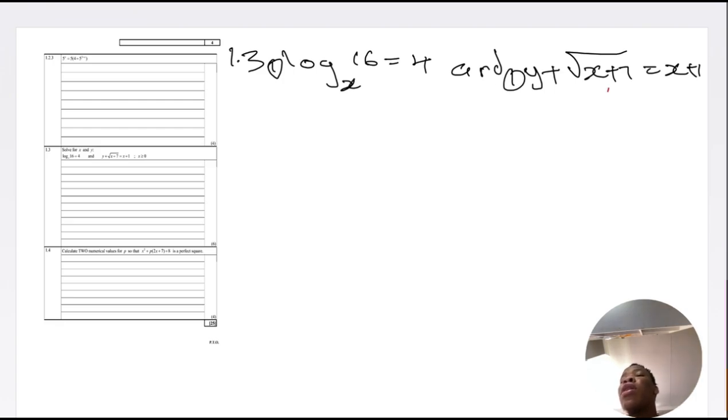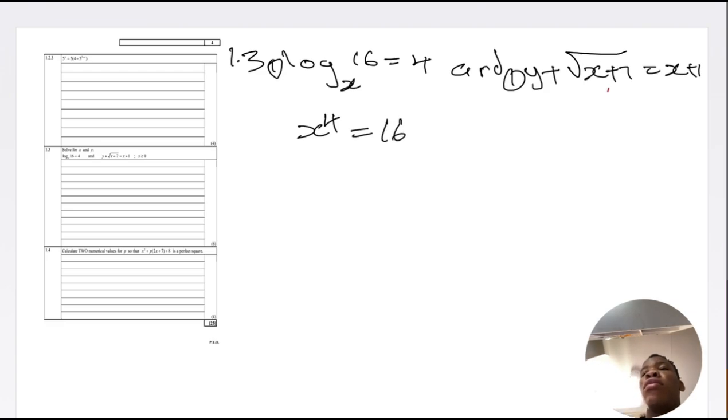So remember, log of 16 base x is equal to 4 can be written using the law of logs. We will have x to the power of 4 equals 16.